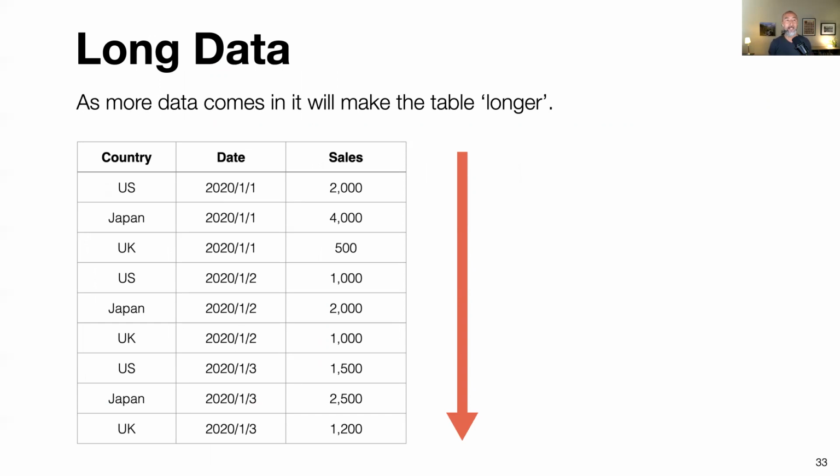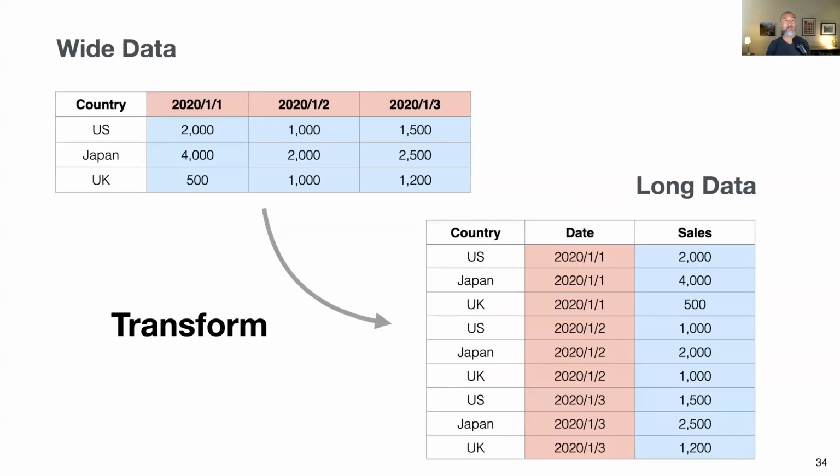And it turns out that when you want to visualize, most of the time long data is better or easier to visualize. So when you have wide data like this, the first thing you want to do is transform it to long data. Then you have much more flexibility in how you visualize this data.